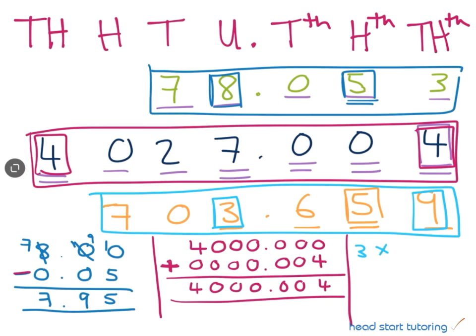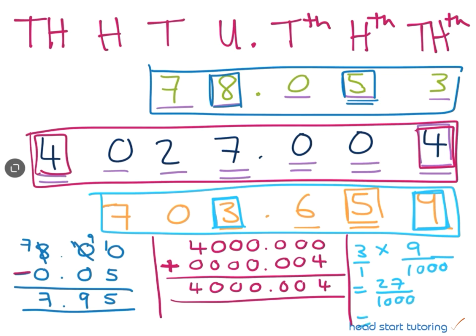Then I need to multiply that by the value of the 9, which is 9 thousandths. I'd like to first convert to a fraction and then bring it back into a decimal. So 3 units multiplied by 9 thousandths gives me 27 thousandths.